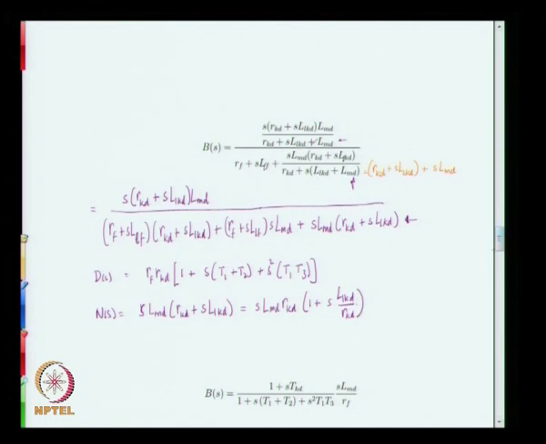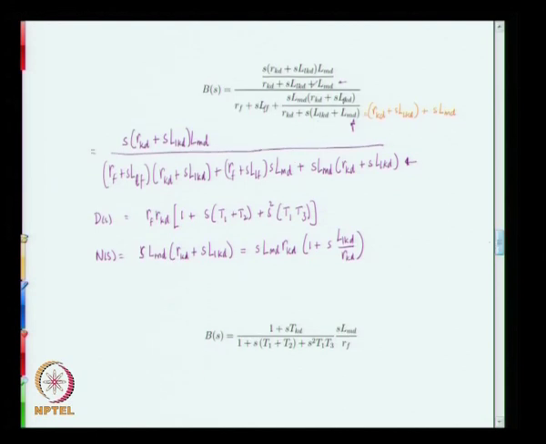Therefore, this function B of S can now be written as, on the numerator, a term 1 plus S TKD, where we define TKD as LLKD by RKD, and then you have SLMD.